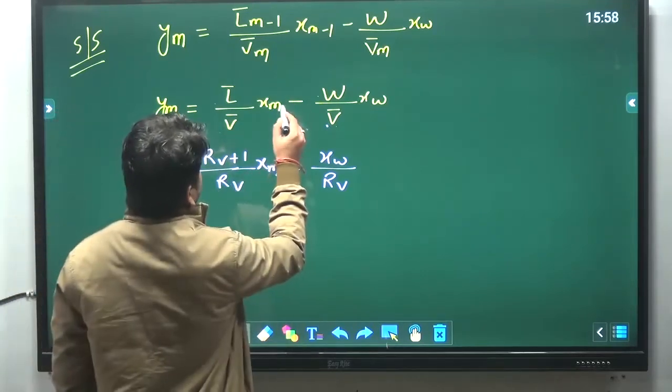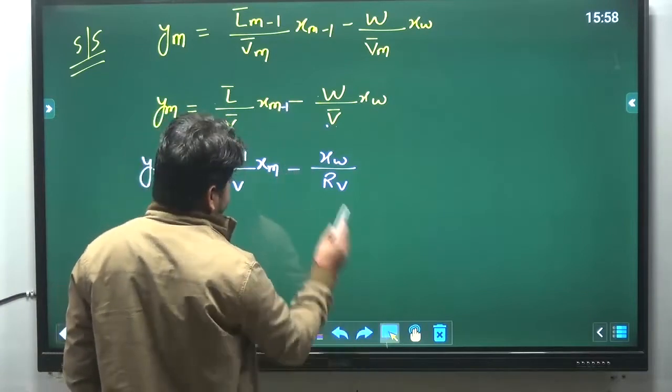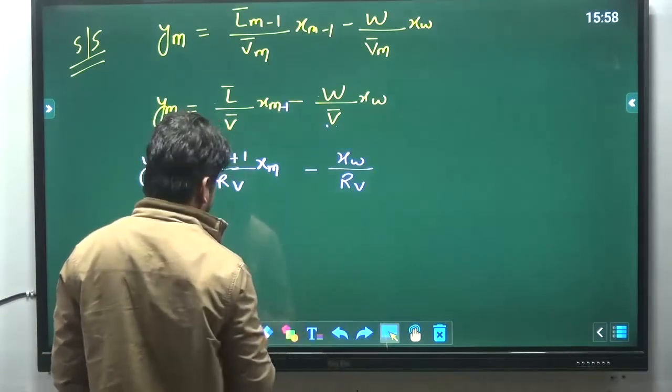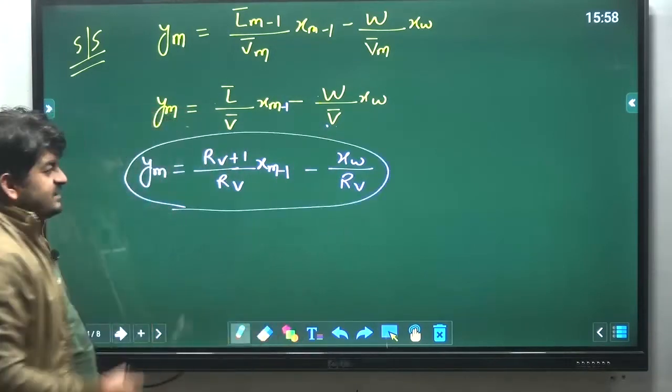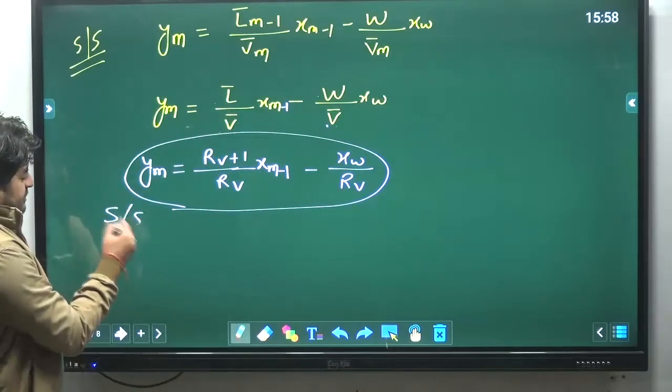This is Xm minus 1. So this is the operating line equation of stripping section.